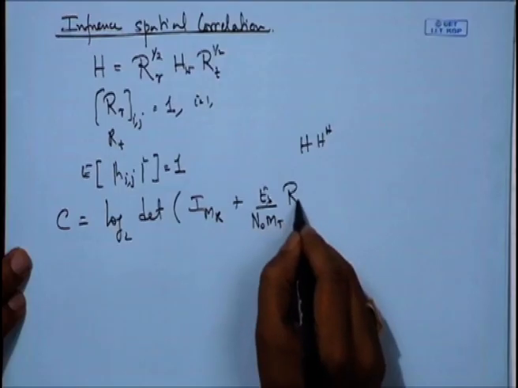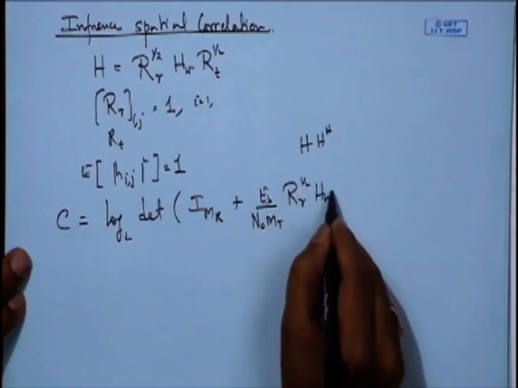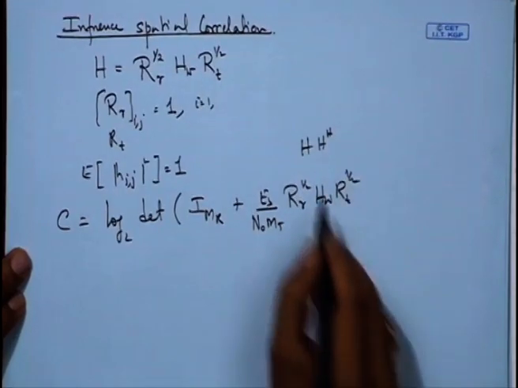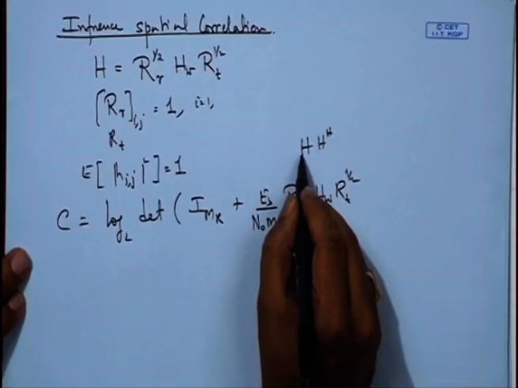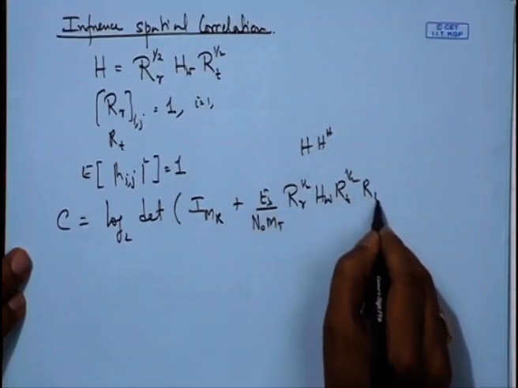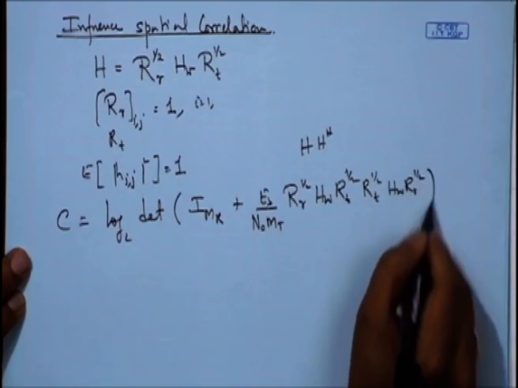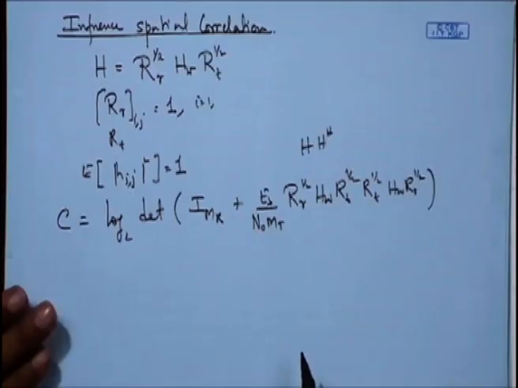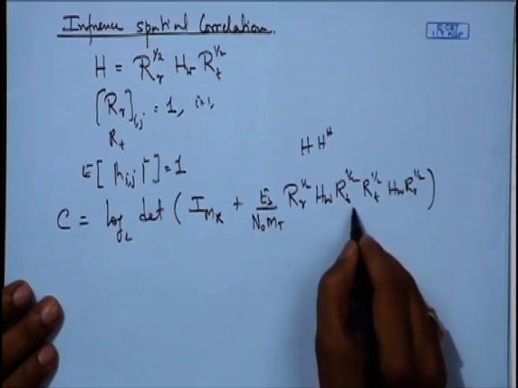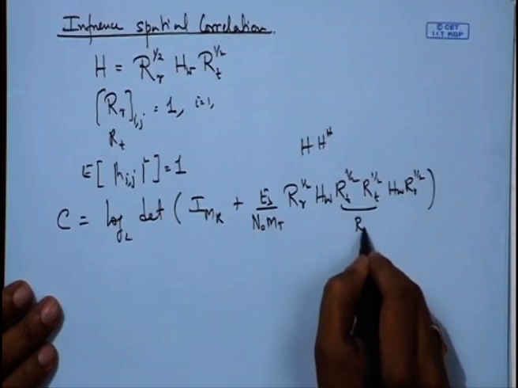So we could write RR half HW RT half for H. So when we have H Hermitian we would have RT half HW Hermitian RR half, right. We have expanded this. So this RT half we could write it as RT, right.